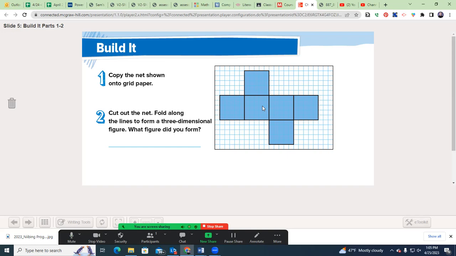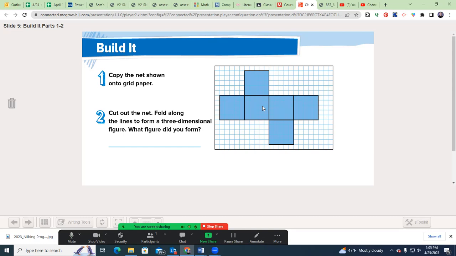For this lesson, if you have grid paper available, it would be beneficial. And anytime as we're working that we get ahead of you, feel free to pause the video or review something by rewinding the video. And you'll be able to be successful.